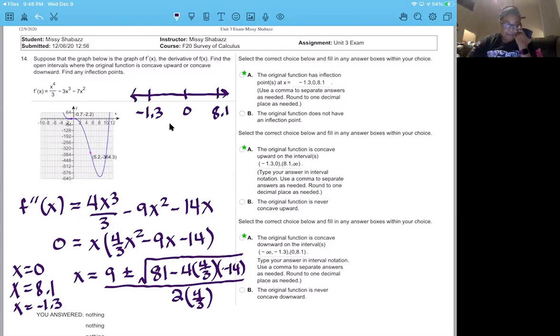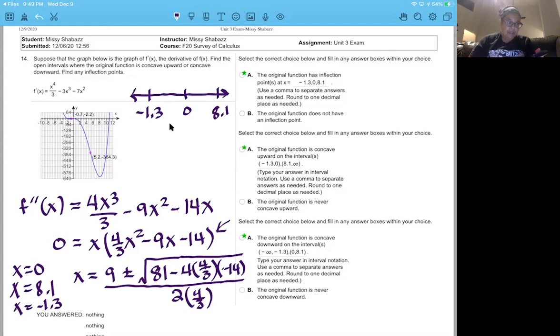So if I plug in something before negative 1.3, say negative 2, into my second derivative, I'm going to get 4/3 times 4 plus 18 minus 14.